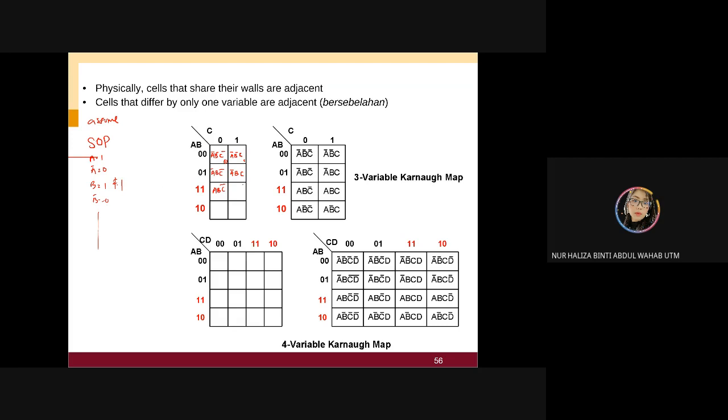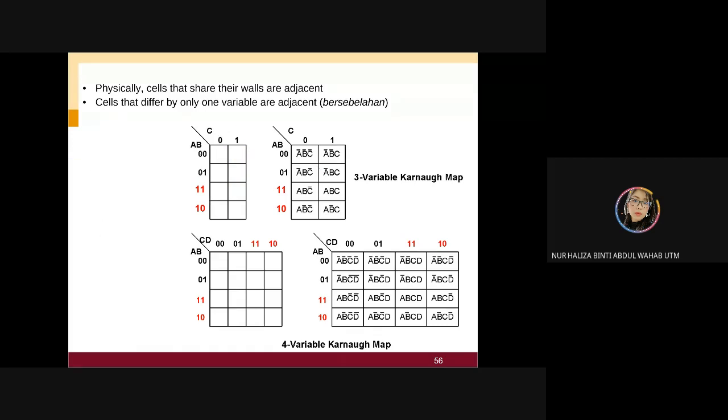Then A is 1, B is 1, C is 1. Here will be A is 1, B is 0, C is 0. A is 1, B is 0, C is 1. So all the cells here basically represent your product terms for your SOP.